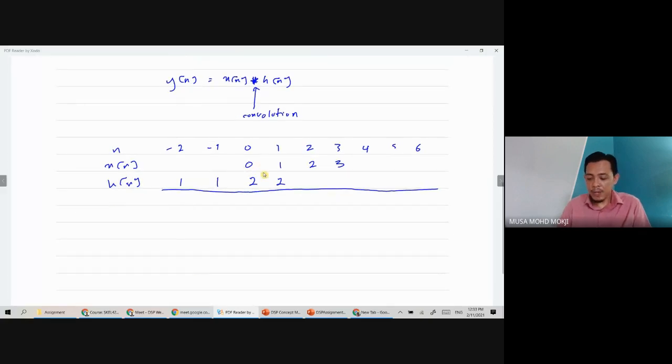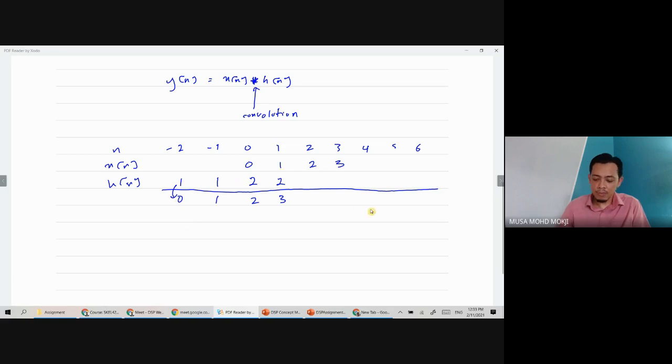So we will multiply one by one. Let's say 0, 1, 2, 3. You will multiply with the first one. 0 times 1 is 0, and then 1 times 1 is 1, 2, 3. Okay, we start from here.